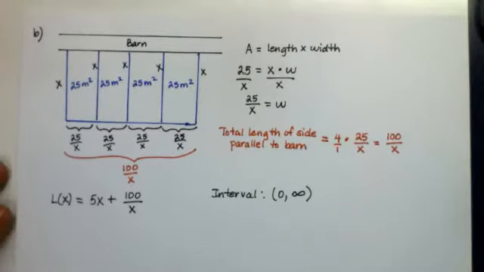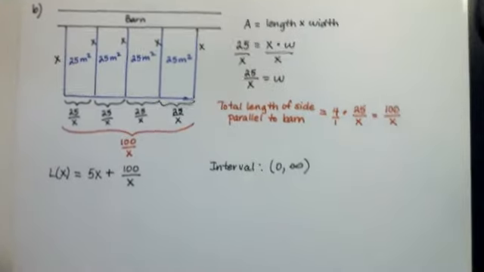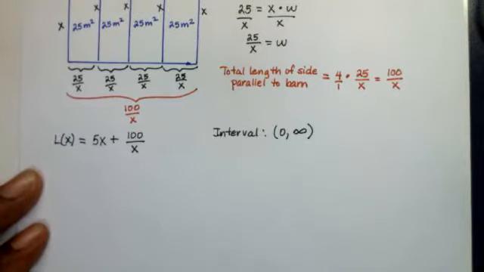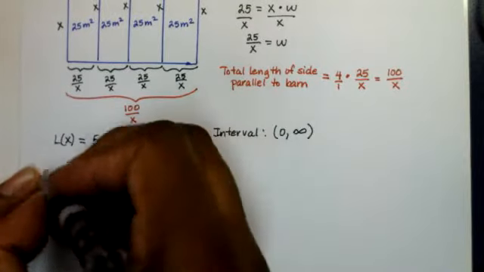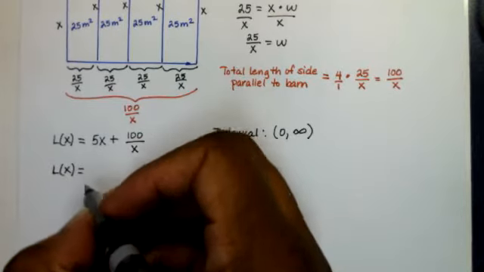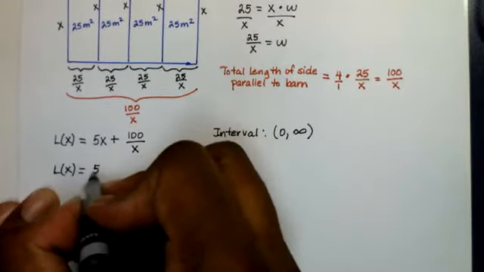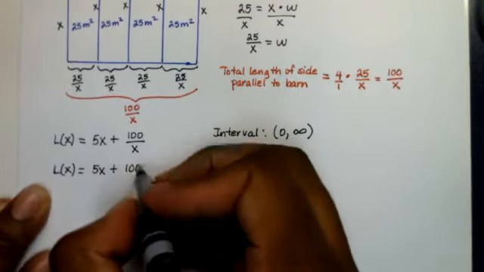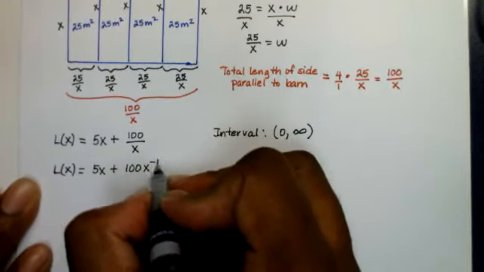All right, in this case here, let's rewrite this using negative exponents and then take the derivative. So here we're going to have L of X is equal to 5X plus 100, that X comes out of the denominator as X to the -1.